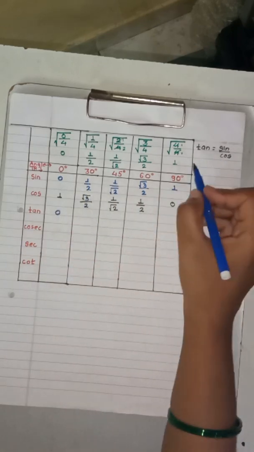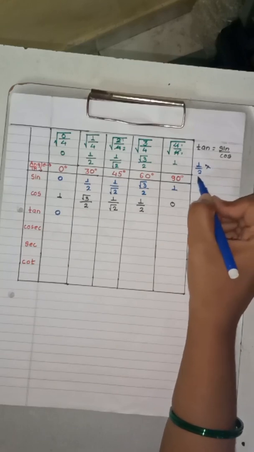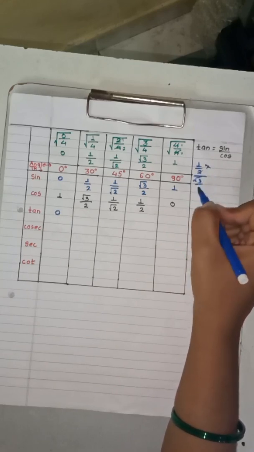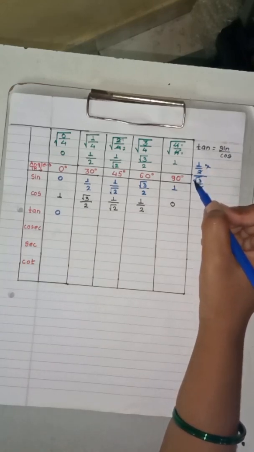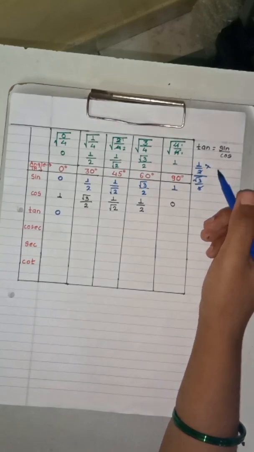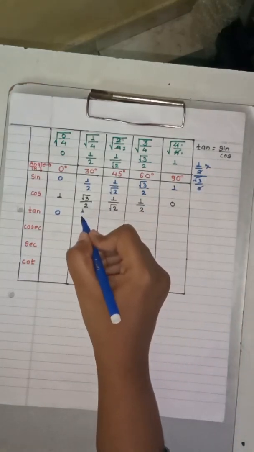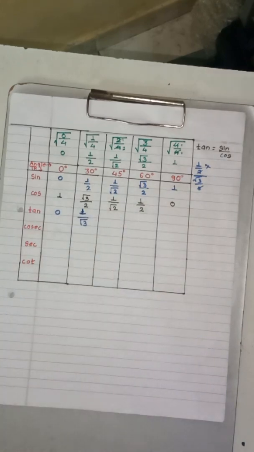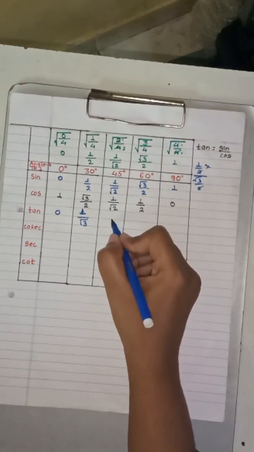Now here if you see, 1 upon 2 upon root 3 upon 2. So what will happen, this 2 and 2 will get cancelled and you will have here 1 upon root 3. After that this root 2 will get cancelled and you will have here 1.